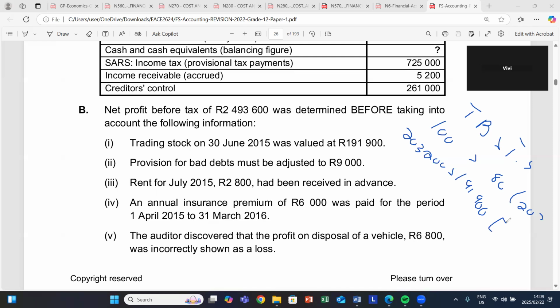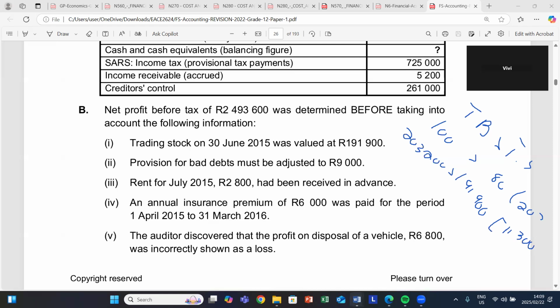Let me also calculate it. 2,300 minus 1,200. So we get 11,300. Our answer is 11,300. So we have a trading stock deficit of 11,300.